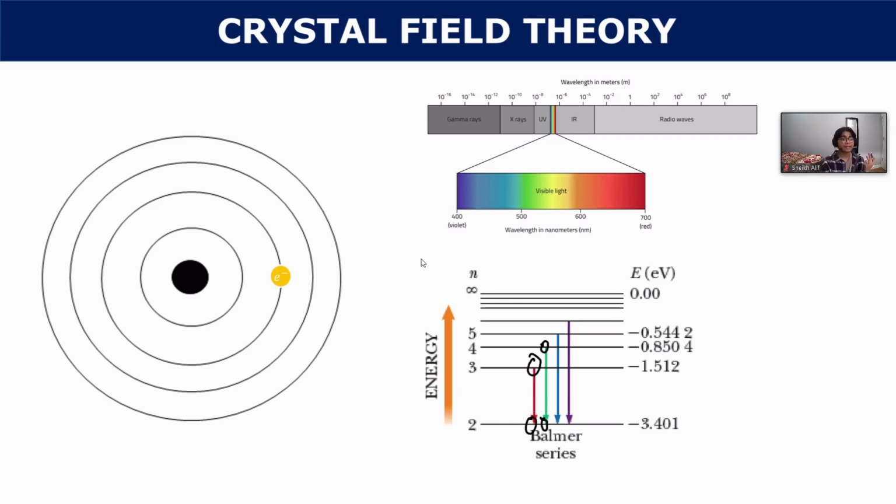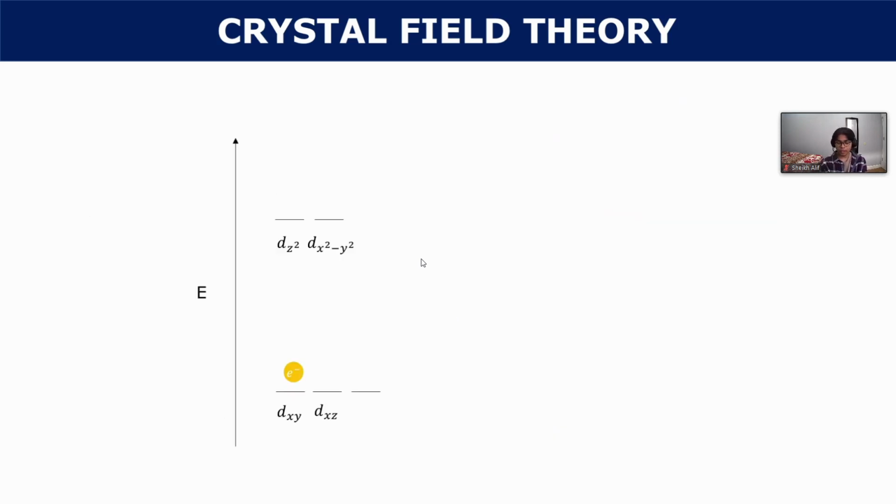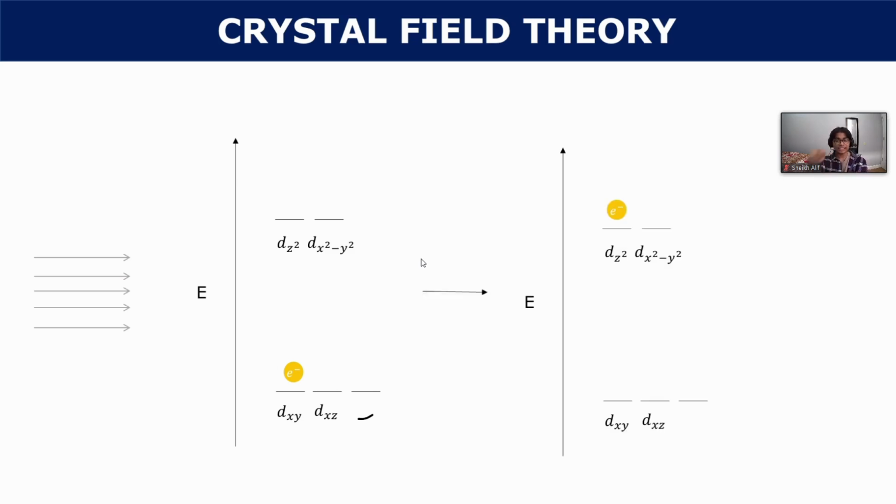So how does this connect back to crystal field theory? Well, consider an electron in the lower energy level. I'm realizing I didn't put the orbital there, but whatever. When the electron is in the lower orbital and some light hits it, white light in particular, which contains all wavelengths of light, a certain wavelength is going to be the perfect amount of energy to bring the electron from the lower state to the excited state.